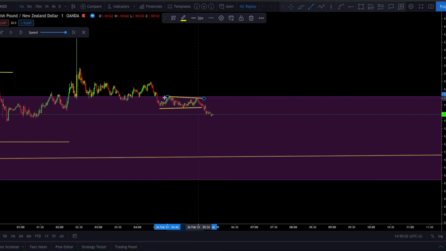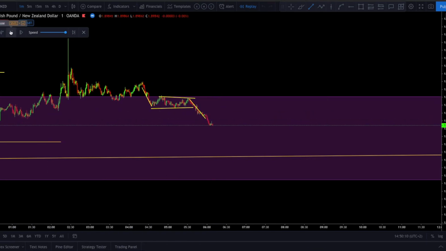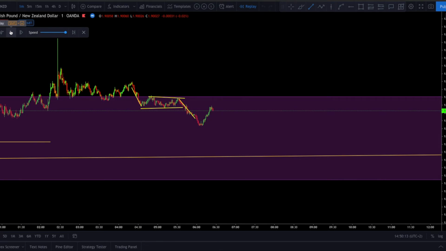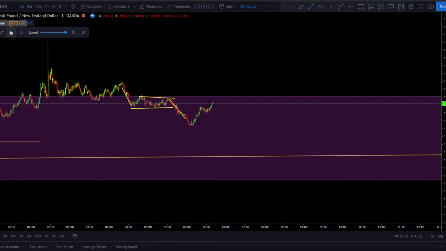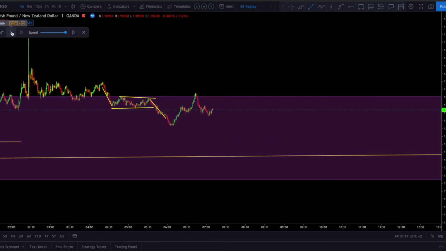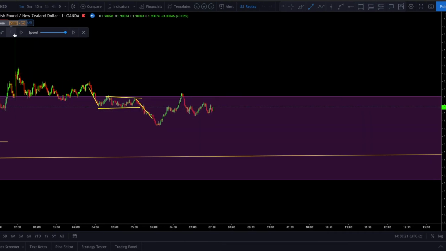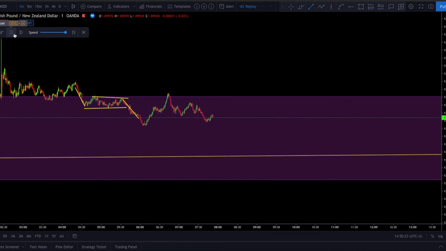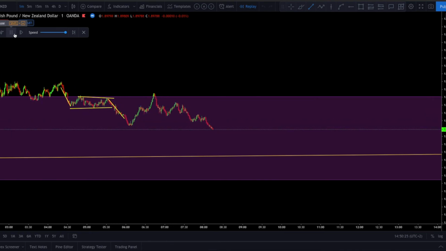You can see this is the impulsive, now it's a correction, another impulsive is coming here. Take the money, you go out, you wait for another one. It looks like a correction that's going down. It looks like it might shoot up.